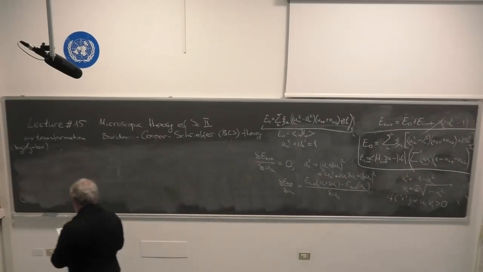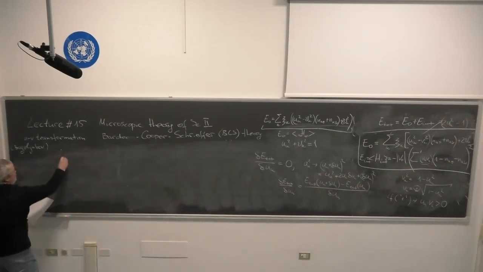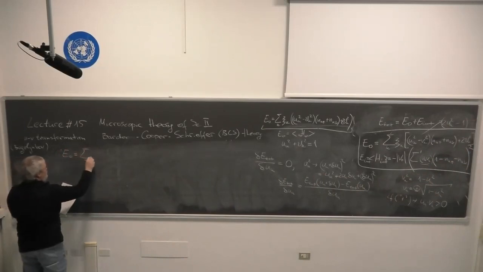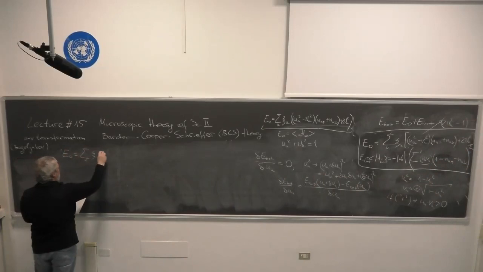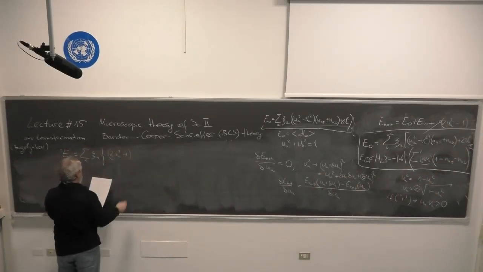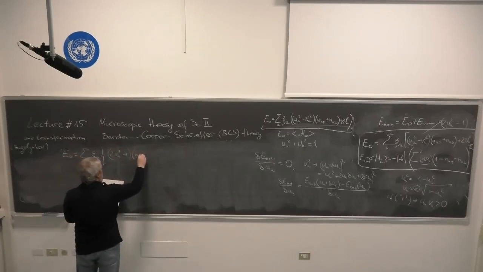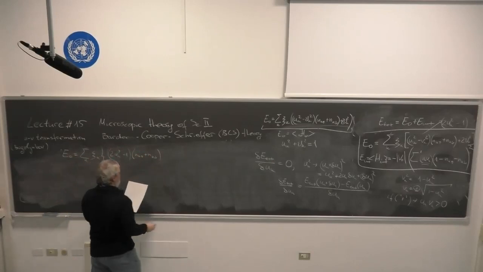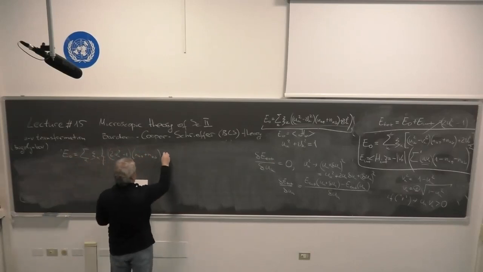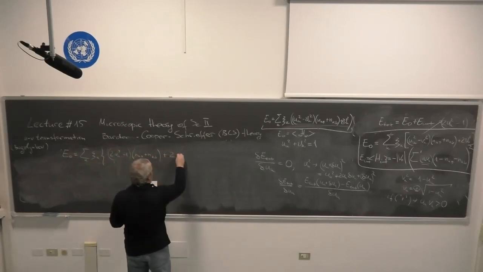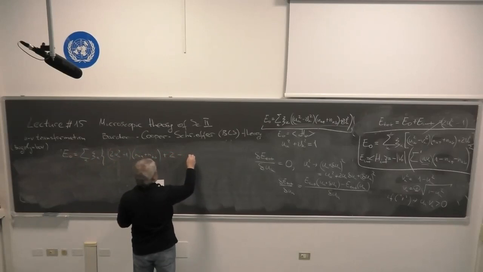So epsilon naught is the sum over k of xi k, 2 UK square minus 1 times nk up plus nk down, plus 2 minus 2 UK squared.